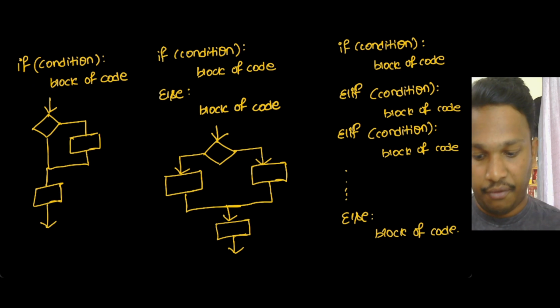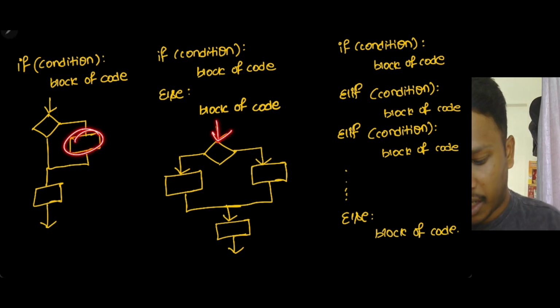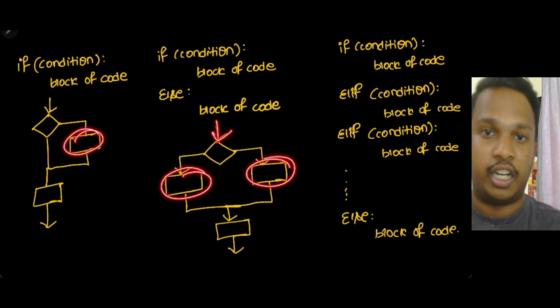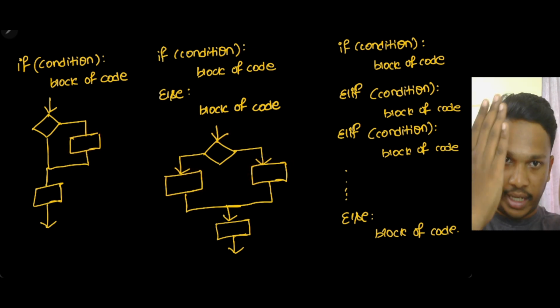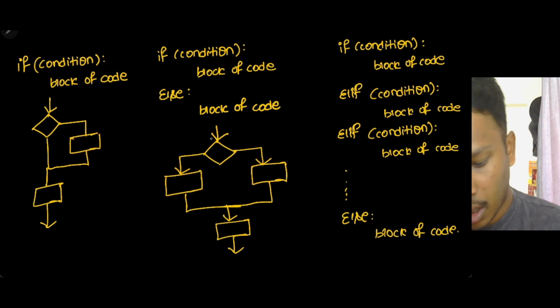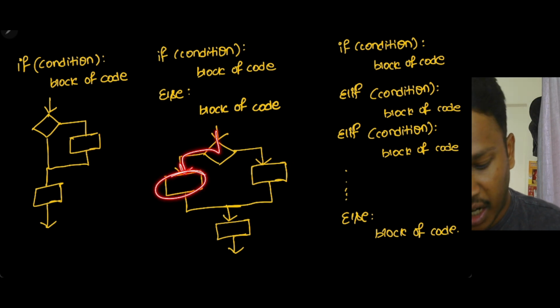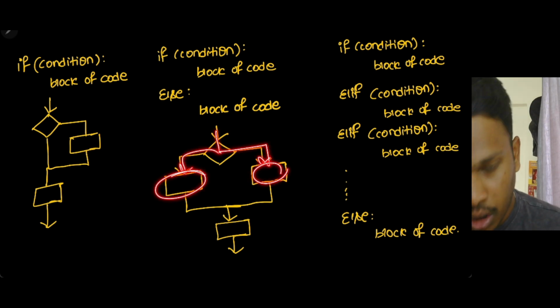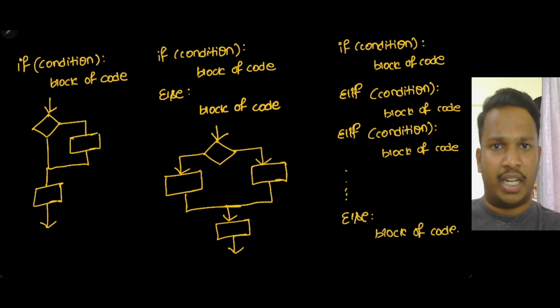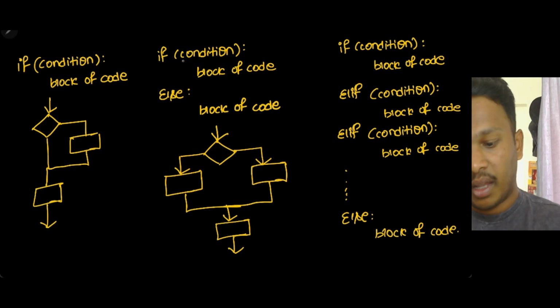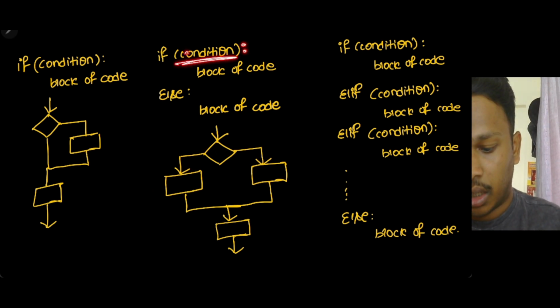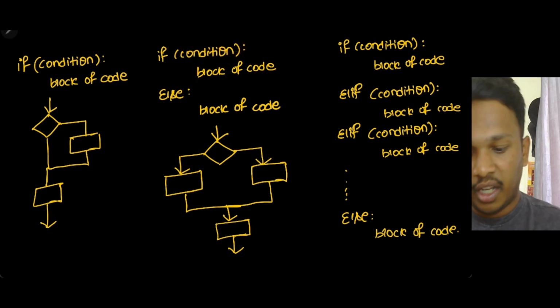Now if else, you already know, right? In the if condition there was only one special treatment, but here we need two special treatments, one for each case. If the condition is true, we maintain a tab space and write the block of code.